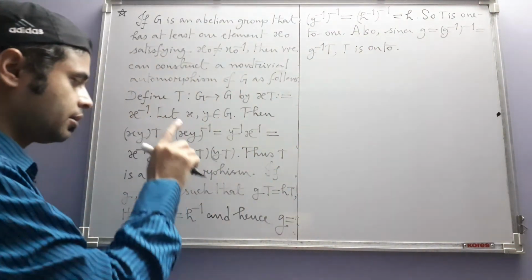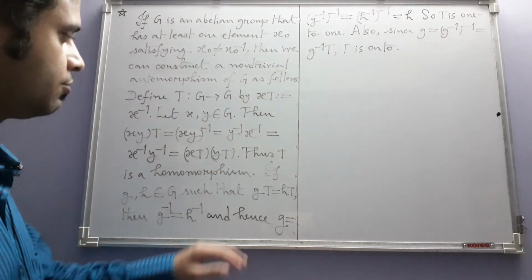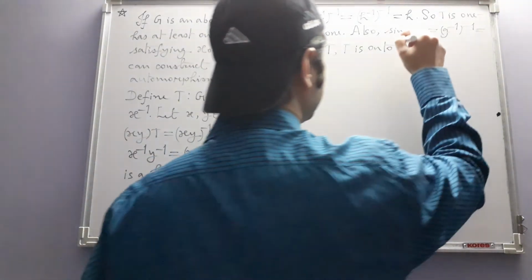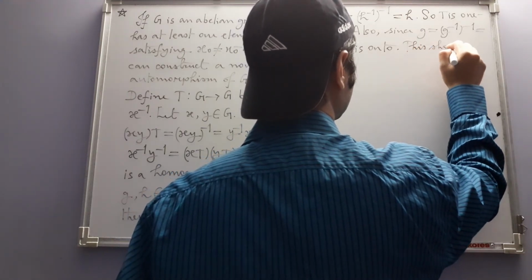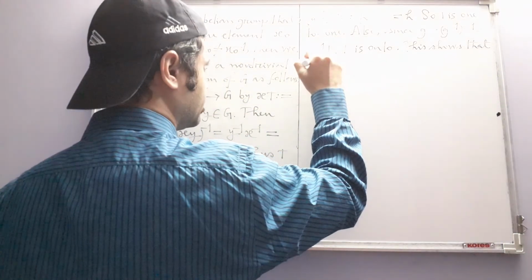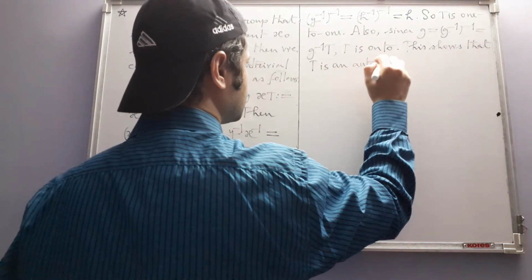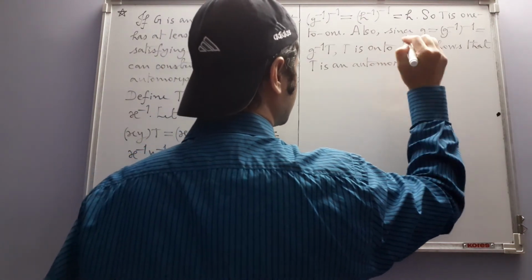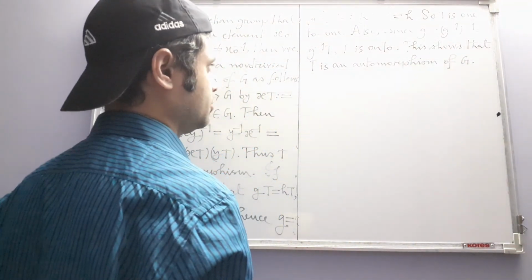So T is a homomorphism mapping G into itself that is both 1 to 1 and onto. So T is an automorphism of G. This shows that T is an automorphism of G.